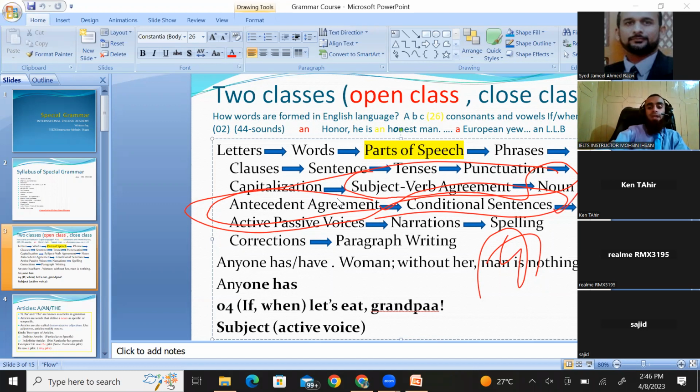Next we have active to passive rules. Simple active and passive, you have to keep it in mind. All the sentences from present simple to future perfect continuous are active in nature. The simple structure of a sentence is called active, but when we focus on the object and use the object as the subject of a sentence, for instance, he has taken the class.